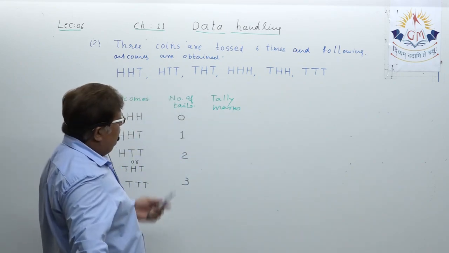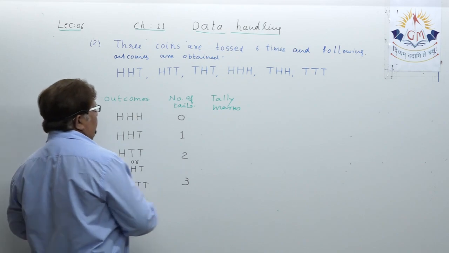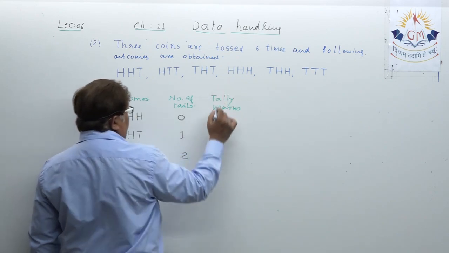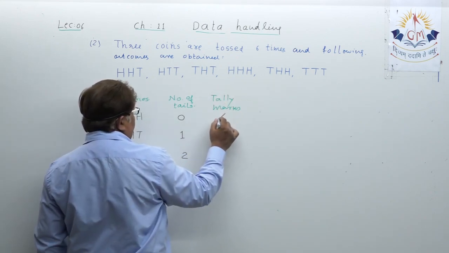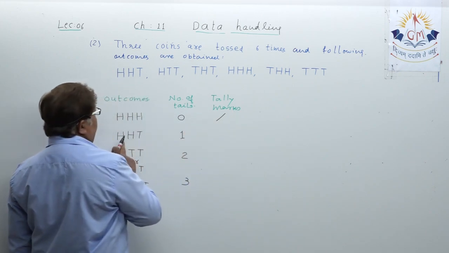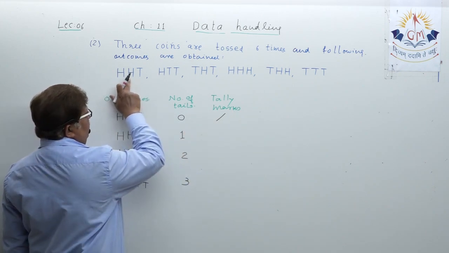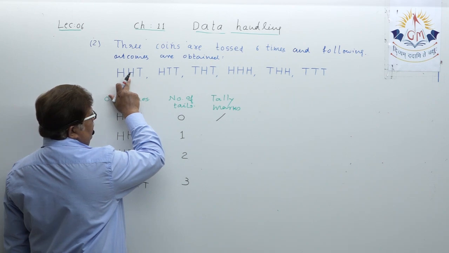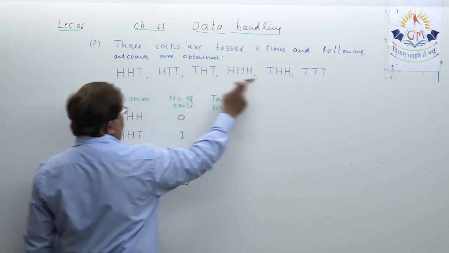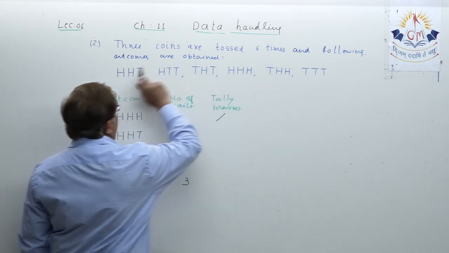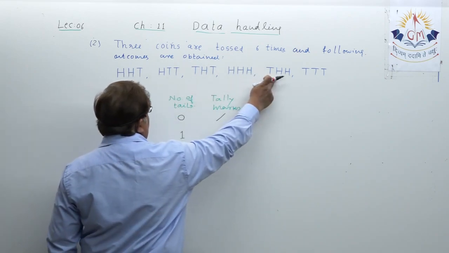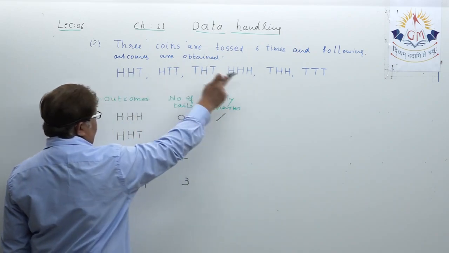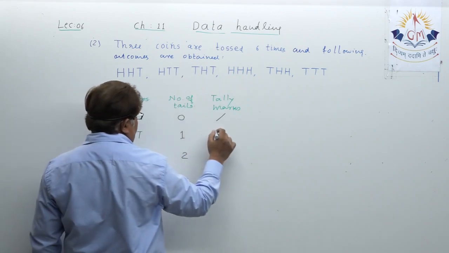How many observations containing HHH? Only one. How many carrying HHT? One is here, HHT, and one is here, THH. Ultimately both are the same, so 2.